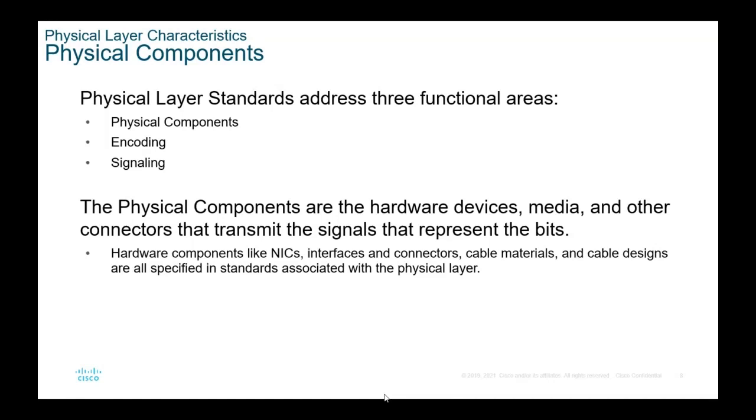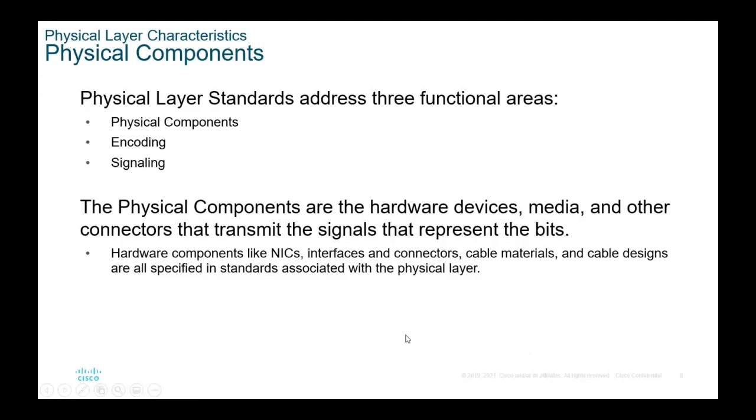The encoding, how it sends the ones and zeros, how it encodes the ones and zeros, it has to be the same. Otherwise, if I send it through an Intel card and they're receiving it through a Netgear card, they wouldn't be able to understand each other. And same with the signaling, with the lights or the electronic radio frequencies. Physical components are hardware devices, media, and other connectors that transmit the signal and represent the bits.